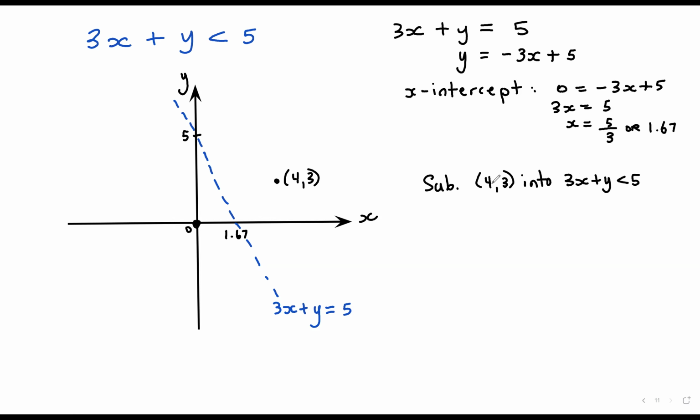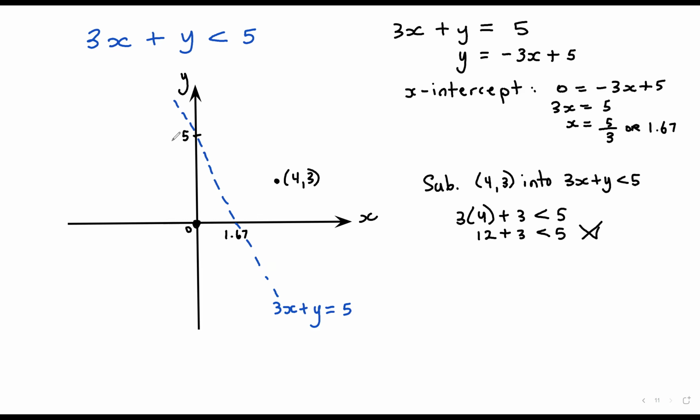So x here is 4 and y is 3. So 3 times 4 plus 3, is that less than 5? Well, 3 times 4 is 12, and 12 plus 3 is 15, and this is not less than 5. So that means this point is not in the region that satisfies the inequality. So this point does not work.